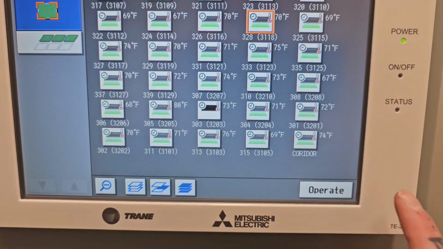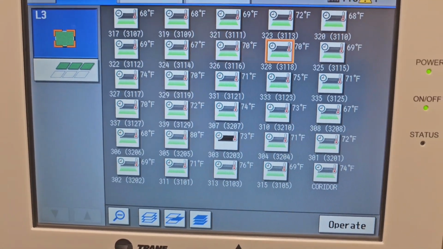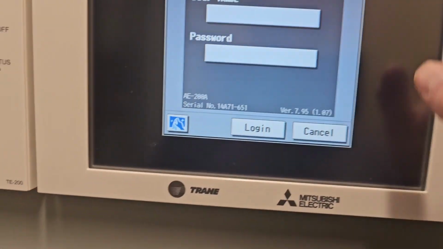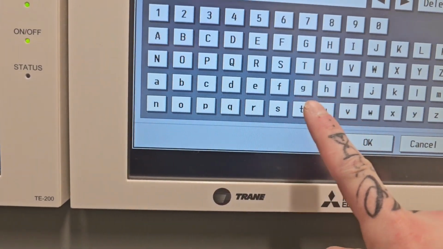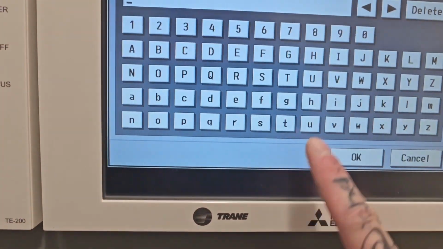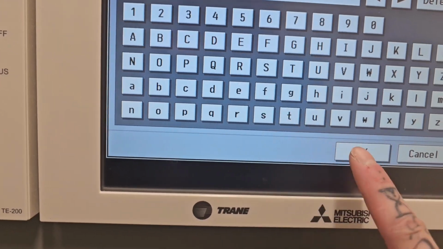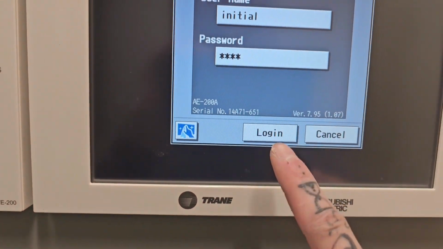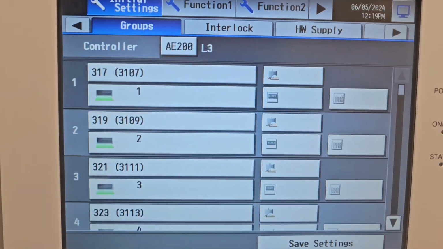That means we have to connect to this controller to view that unit. So if you remember, what we can do is click on that wrench icon, come in here, INITIAL, INIT. Okay, we can log in there, come over to groups.